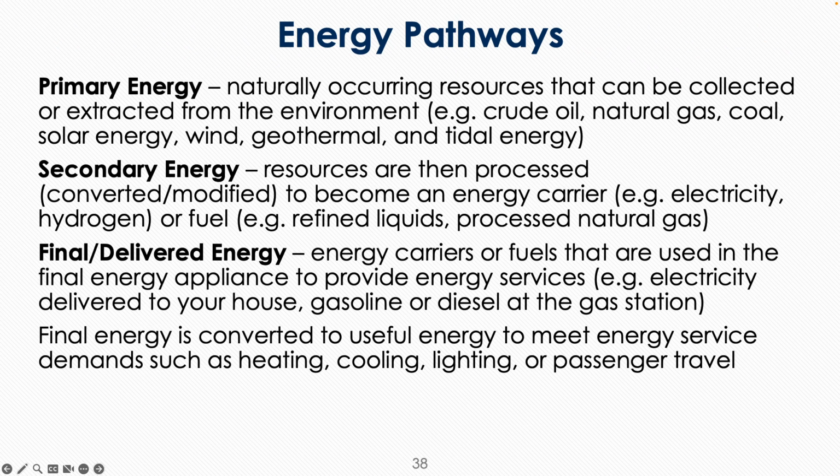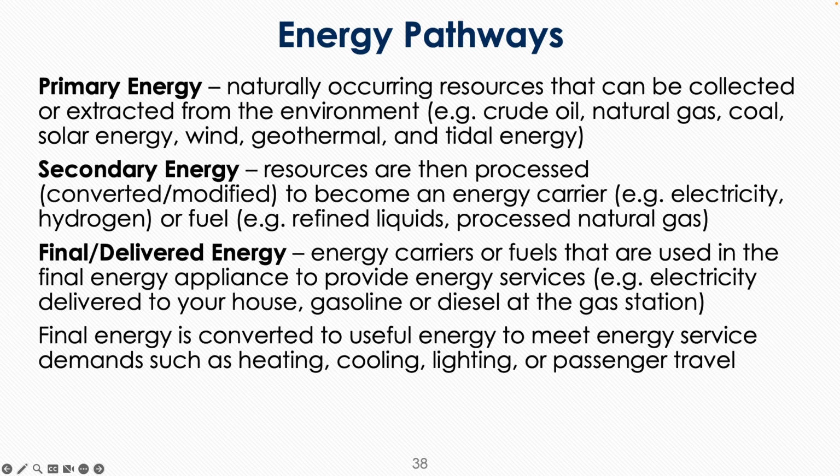Okay, at the system level, the things that we think about with efficiency is how we go from one energy pathway to another. I mentioned, in our system diagram, these different divisions of primary, secondary, and final energy. So what is that? Think about primary energy as something that you can just go out into nature and collect, right?